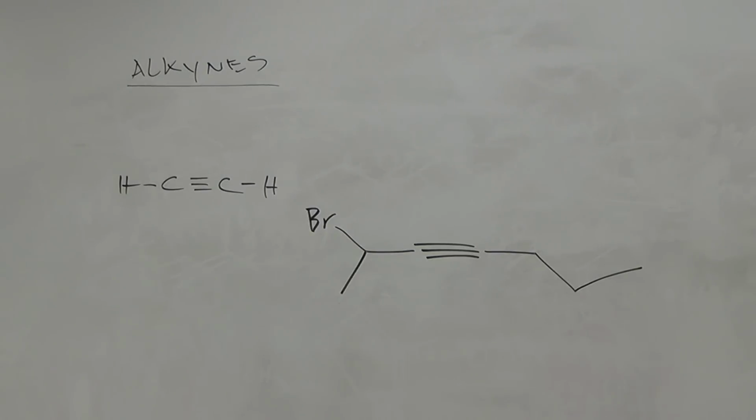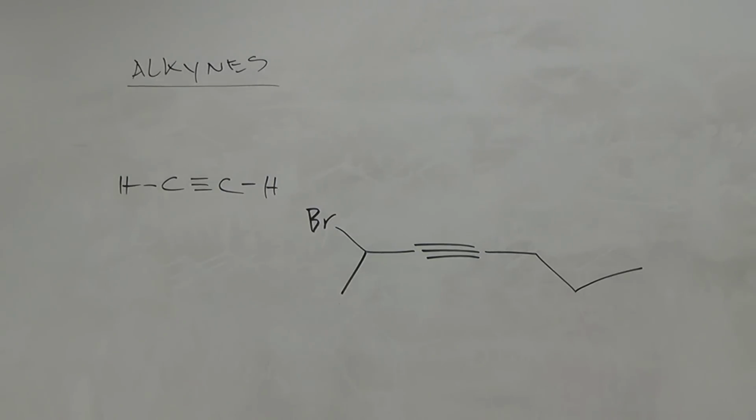Why are you counting? 1, 2, 3, 4, 5, 6, 7. This seventh carbon, that's not here. So it's 1 bromo. So look, how do you count the carbons? 1, 2, 3, 4, 5, 6, 7.